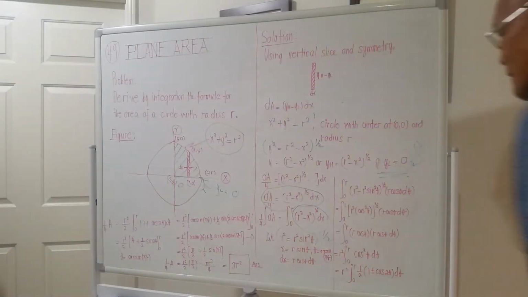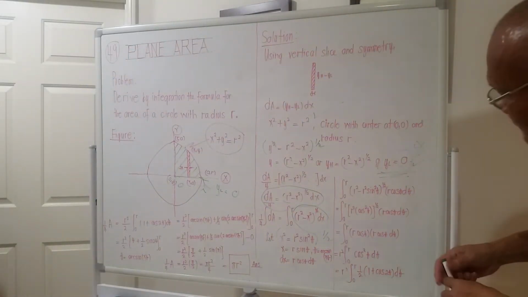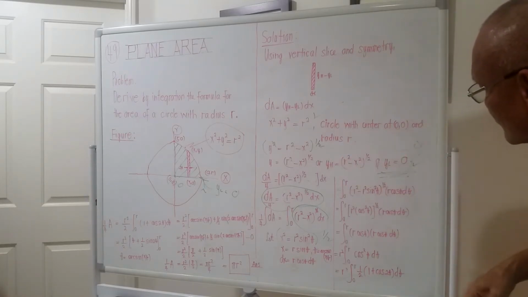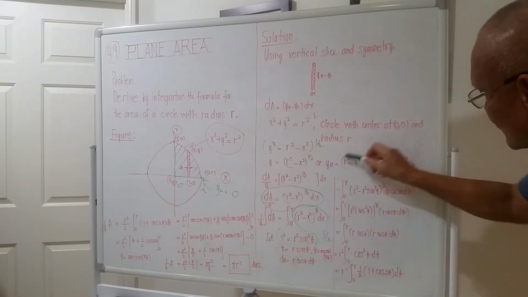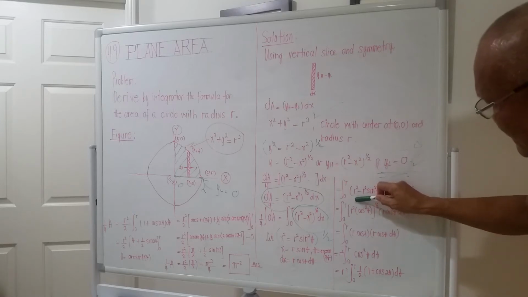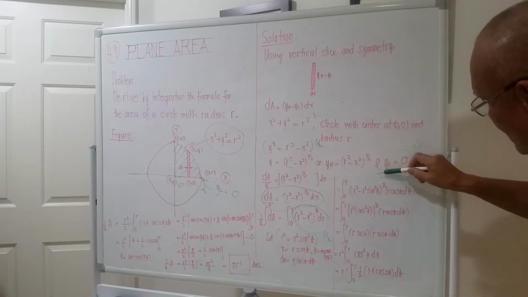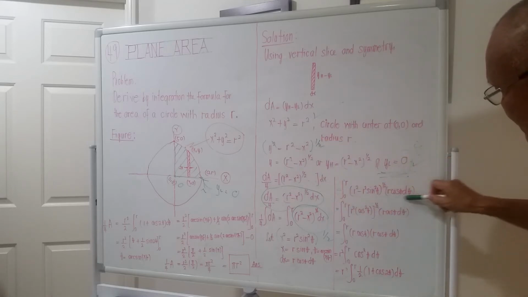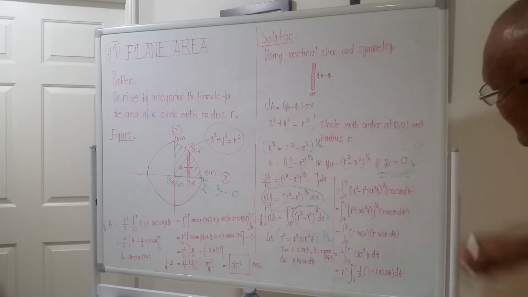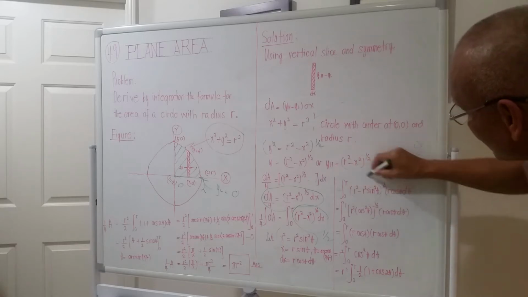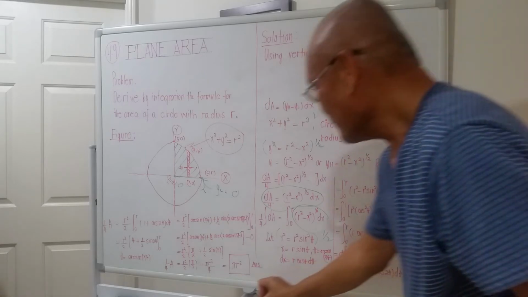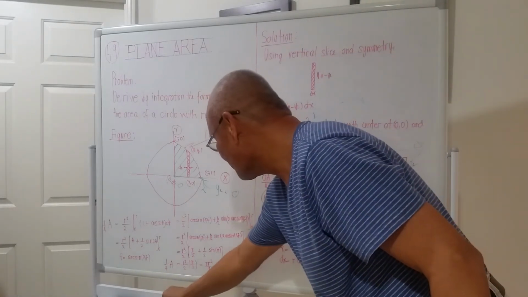Okay, simplifying, I place it here. This should be the integral from 0 to r of (r squared minus r squared sine square of theta) raised to the 1/2 times dx, which is r cosine of theta d theta.